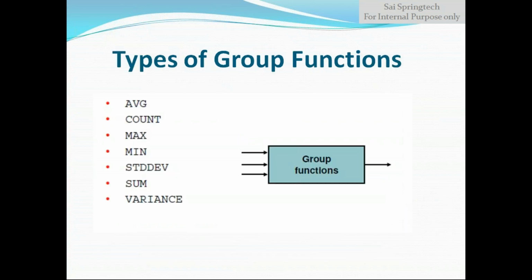So these are the different group functions that we have: average, count, max, min, standard deviation, sum and variance. These are some of the group functions. So what does average do? Average gives me the average value of whatever I'm going to pass in the function.